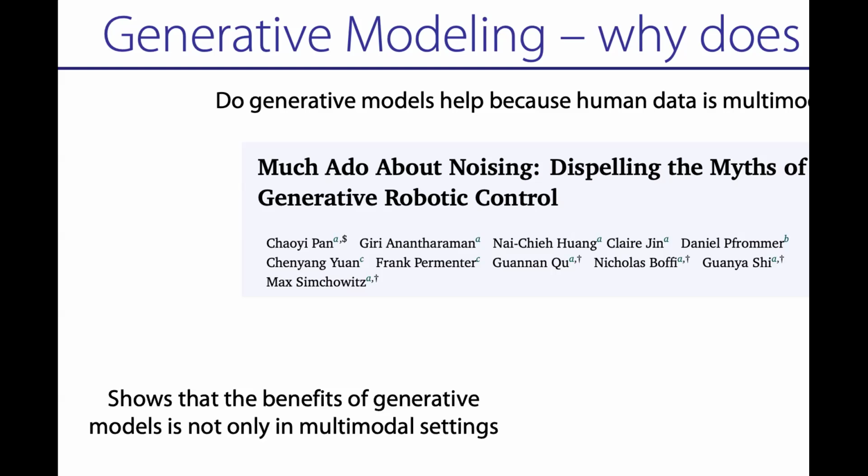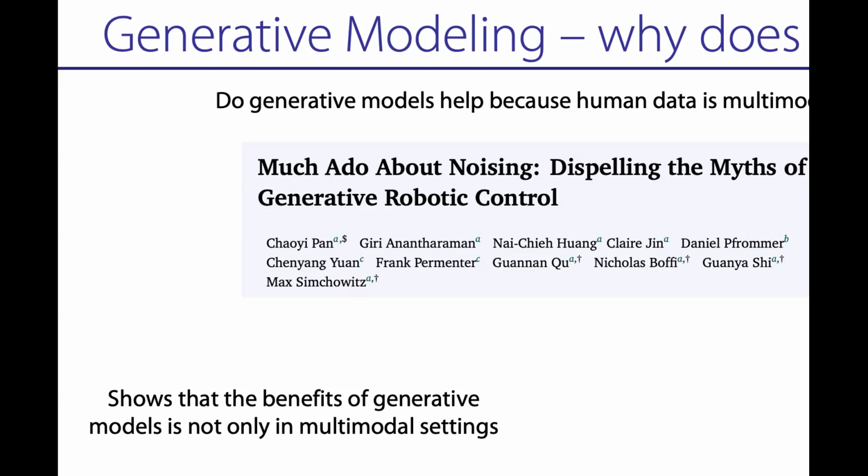The high-level insight from this paper, which is relevant to our discussion, is that the benefits of generative modeling don't just hold in multimodal settings. They're not just when the data is super multimodal. They also hold in datasets which are close to deterministic, which is kind of interesting. Why would a generative model be useful in a deterministic environment?